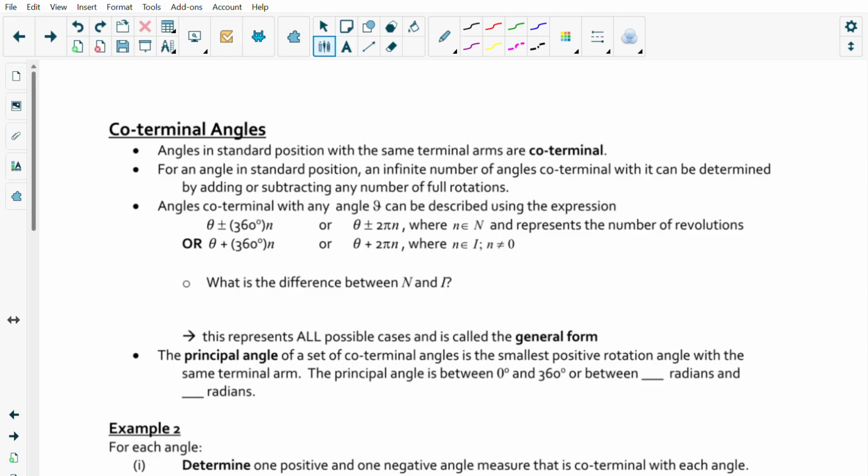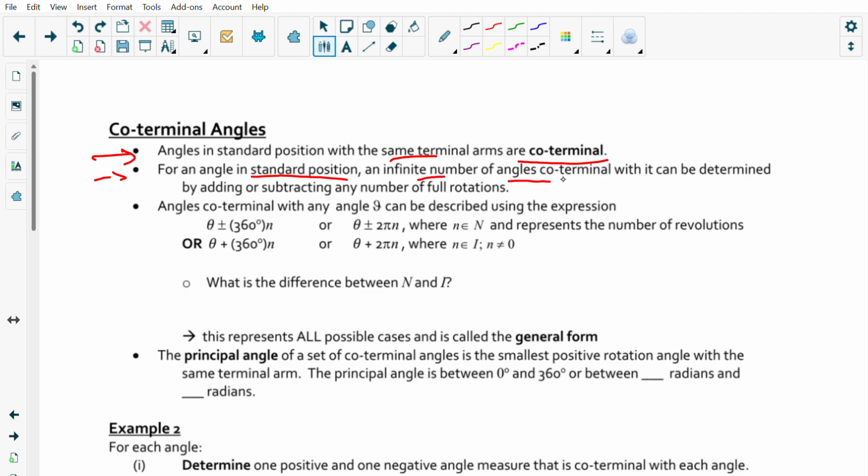It's exactly as its name suggests, right? Since we're rotating around a point and we're drawing a circle repeatedly, angles in standard position with the same terminal arms can be repeated over and over again, and these are called coterminal angles.